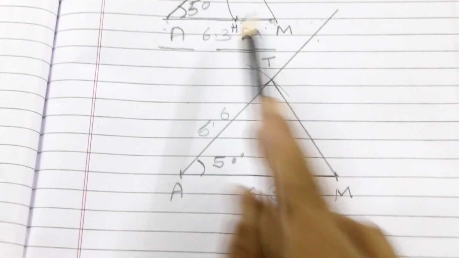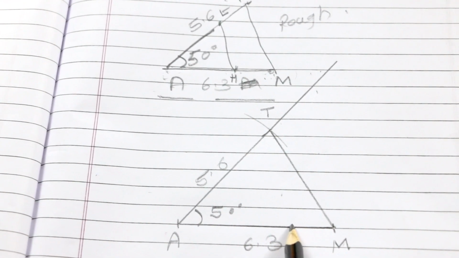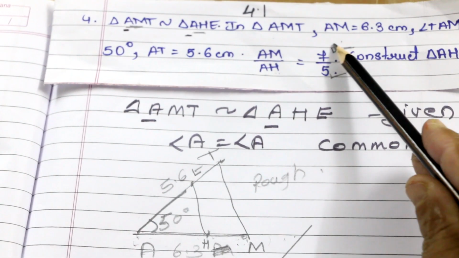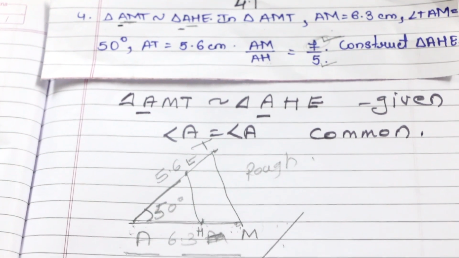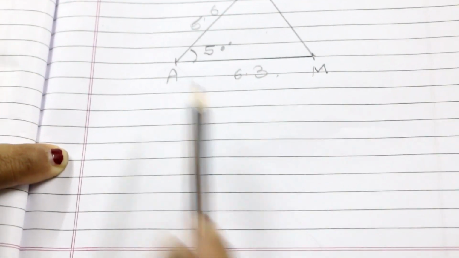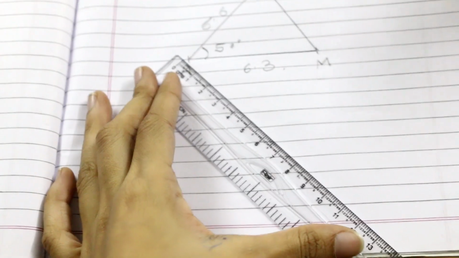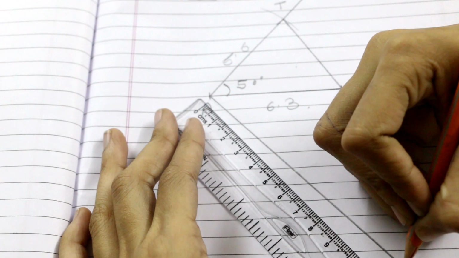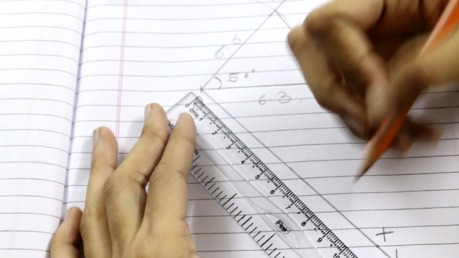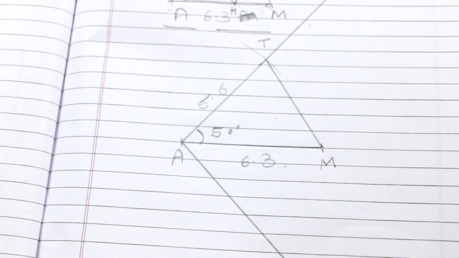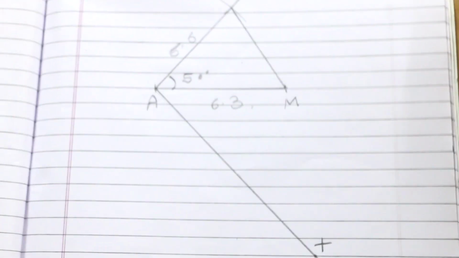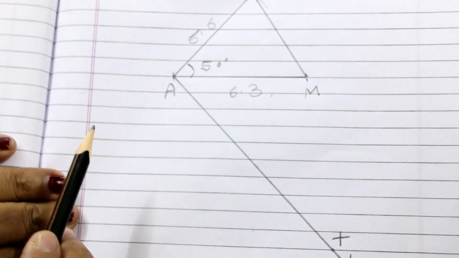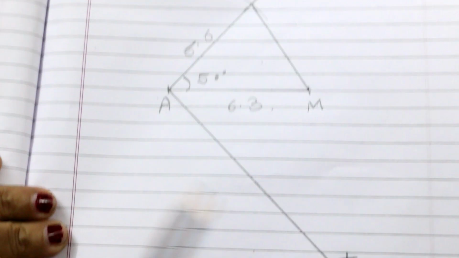Now I want to locate this point H. So let us go to the ratio AM upon AH. The largest part is 7. So let me draw a line X below the line AM. Now, take equal parts on line X as we did before.